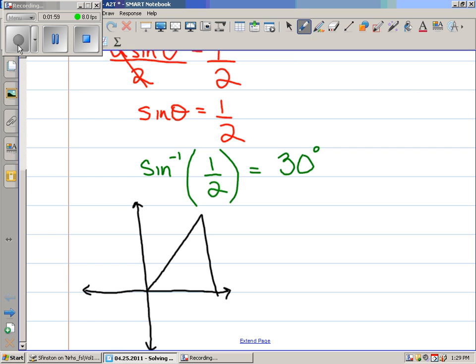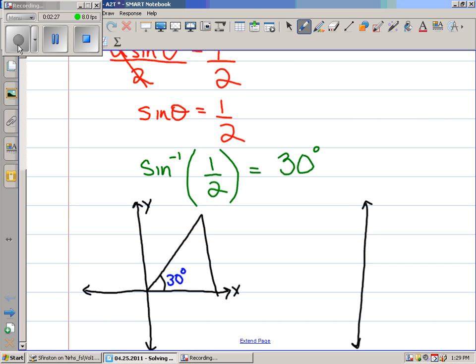There it is. You told me that one of the answers to this was 30 degrees, and that's great and true. But what other quadrant is sine positive? In the second one, because sine corresponds to the y coordinates, this is x and this is y. So anything in the first and second quadrant produces a positive sine.